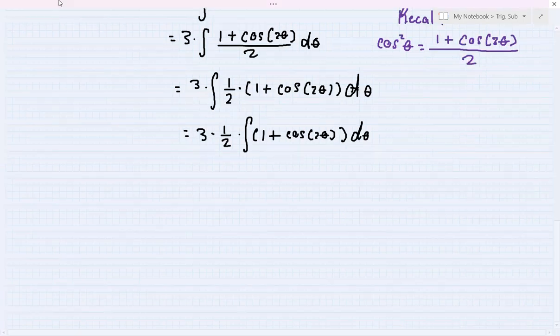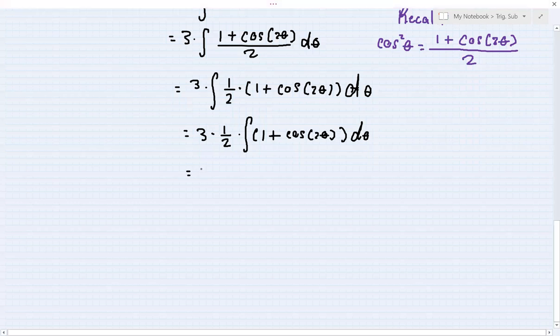So with simplification, i-combine natin si 3 at saka si 1/2. 3 times 1/2 is 3 halves. Okay? So ito na lang yung natitira. 1 plus cosine of 2 theta. Ayan.